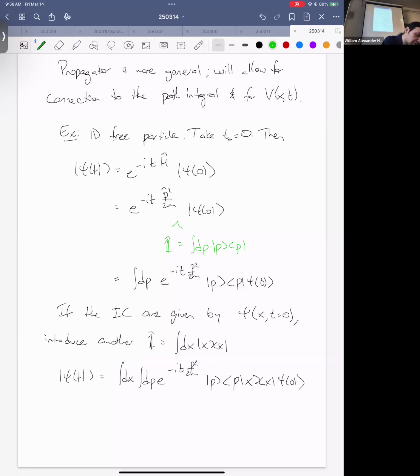Now, we know what the overlap of p with x is. This is 1 over root 2 pi e to the minus i p x. I always forget whether it's plus or minus. I just have to look it up or rederive it. Good.